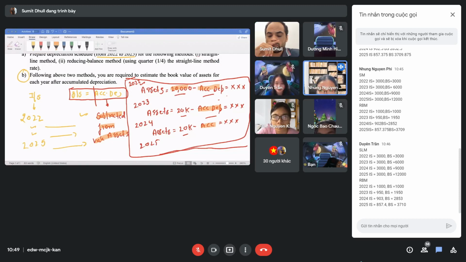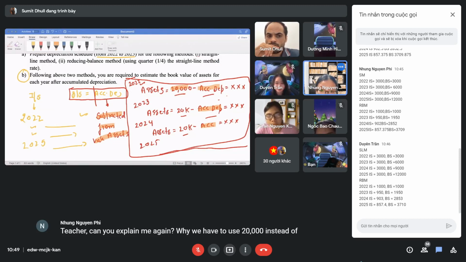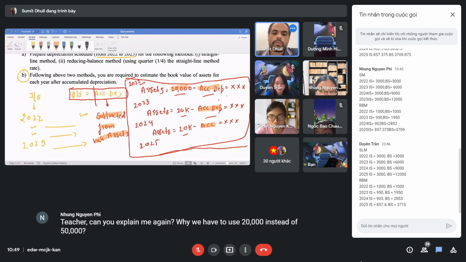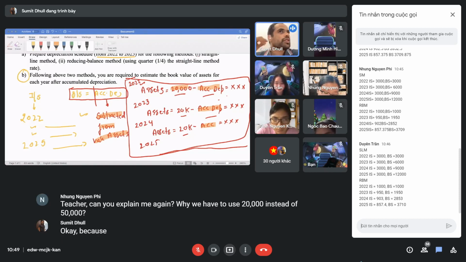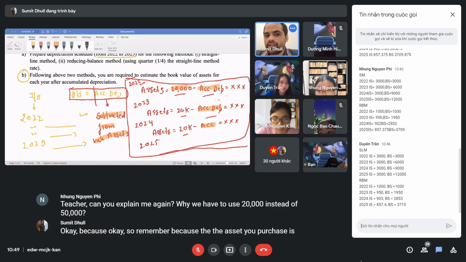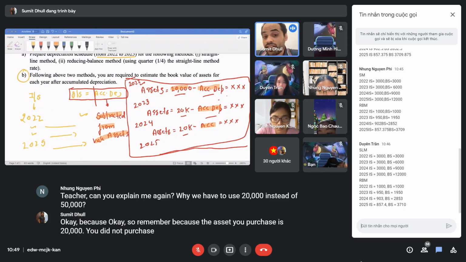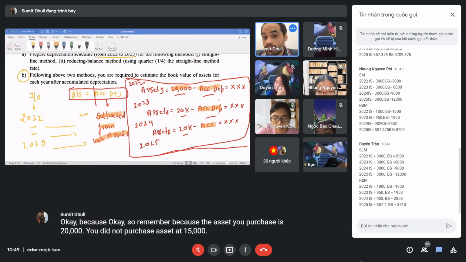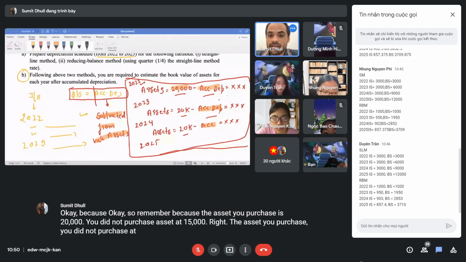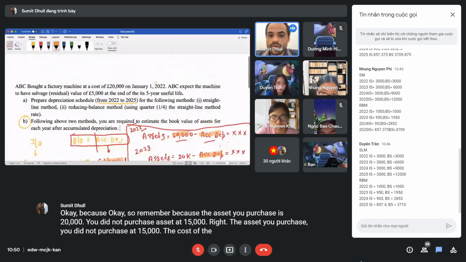Teacher, can you explain to me again why we have to use 20,000 instead of 15,000? Okay, remember, the asset you purchased is 20,000. You did not purchase the asset at 15,000. The cost of the asset was 20,000.